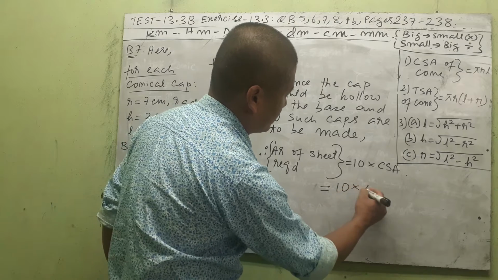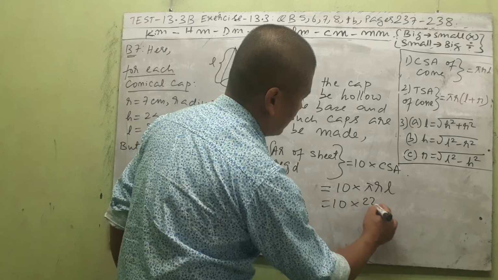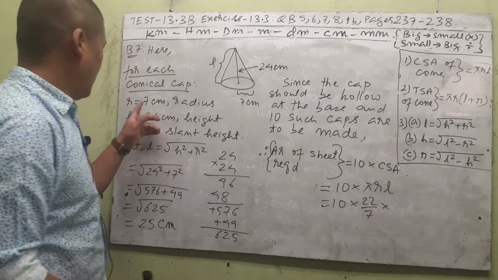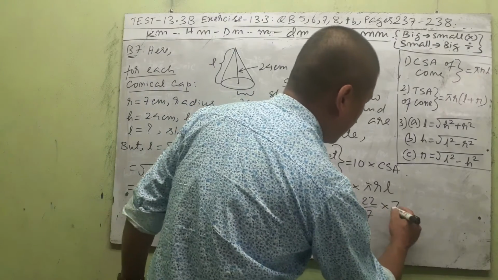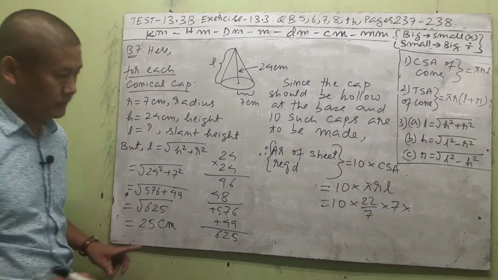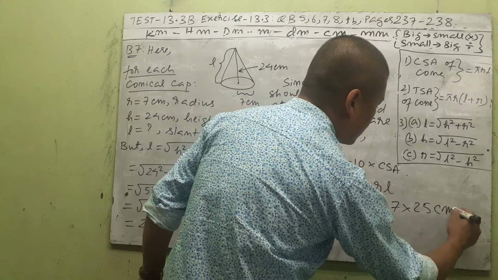So 10 into curved surface area, which is pi RL. So 10 into pi, given as 22 by 7, into R, 7, into L, which we just calculated as 25, and area means centimeter square.